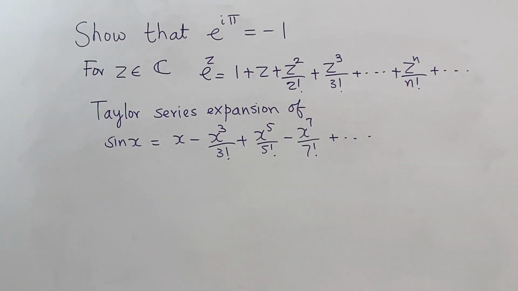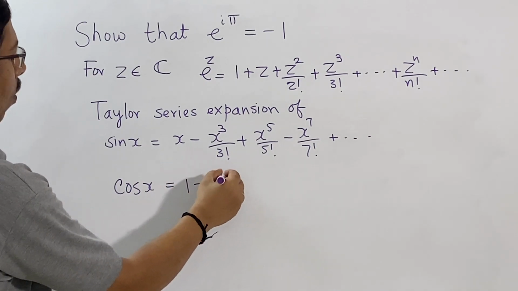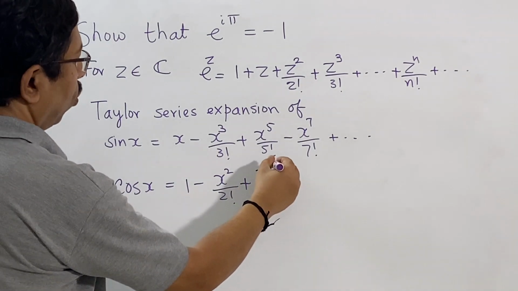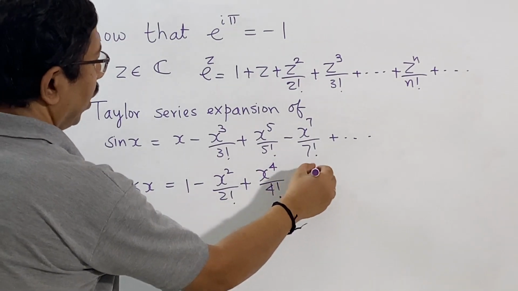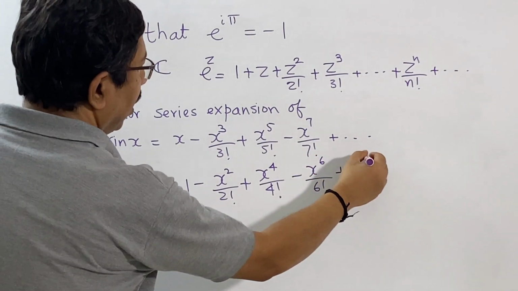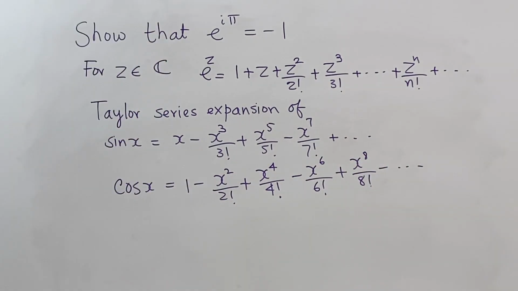And also that of cos x, which is 1 minus x square by 2 factorial plus x to the power 4 by 4 factorial minus x to the power 6 by 6 factorial plus x to the power 8 by 8 factorial, and so on. Now, these two Taylor series expansions, along with the definition of the exponential function with complex argument, will help us derive a very famous result.